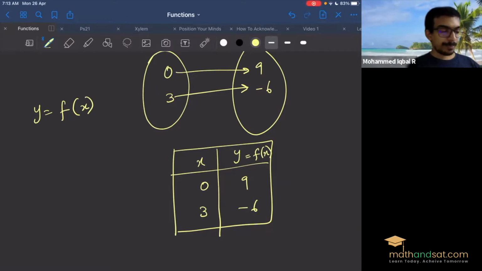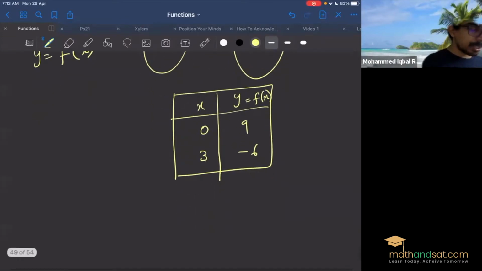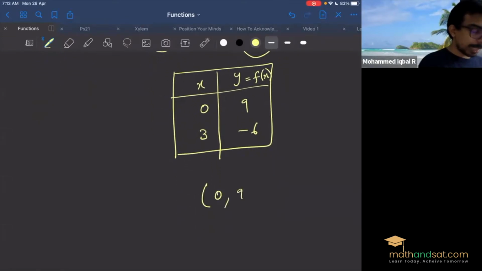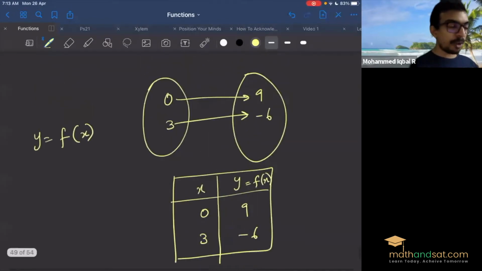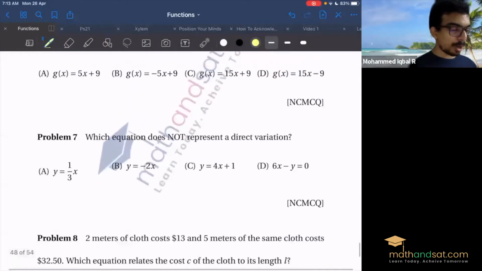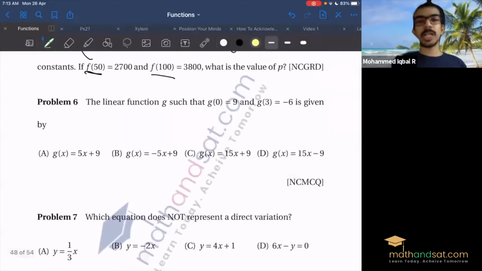Another way to look at it is using ordered pairs. So (0, 9) and (3, minus 6) are two ordered pairs that will lie on the graph of the function. Now the question is to get the functional form of the function that is represented by these pairs of inputs and outputs.